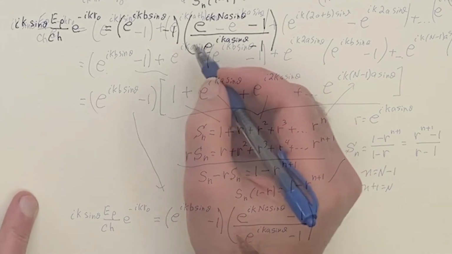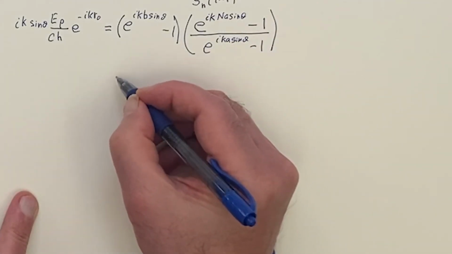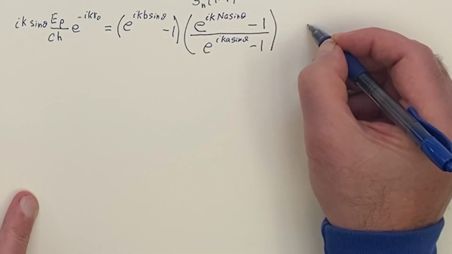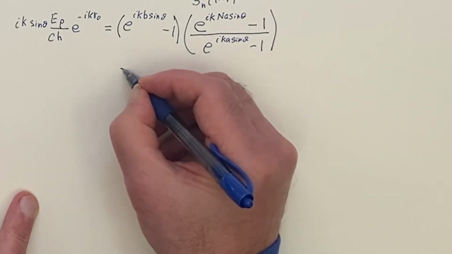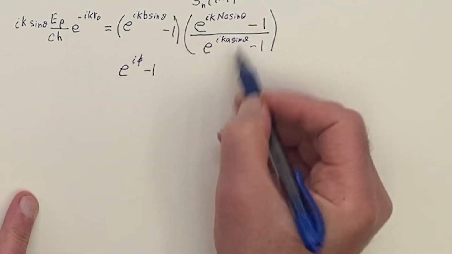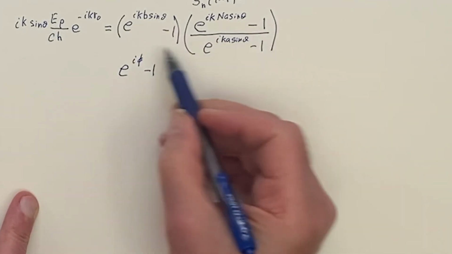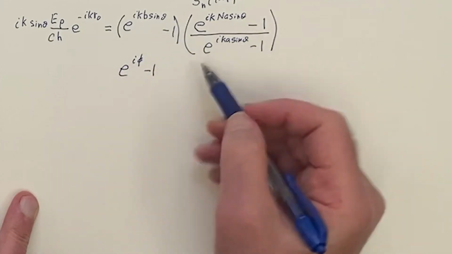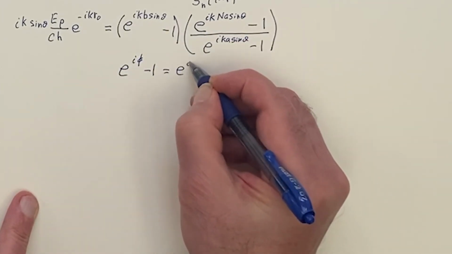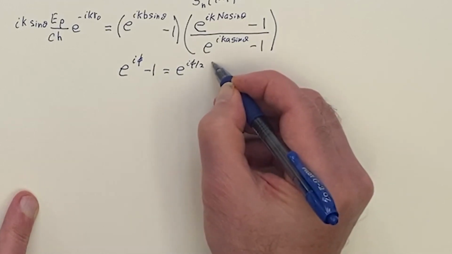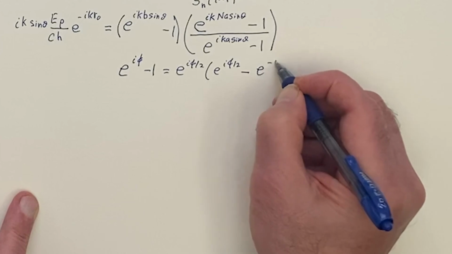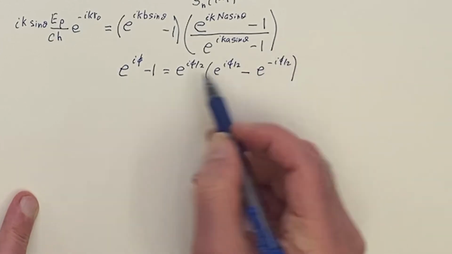This has three things that have this form, where we have e to the i phi minus 1. Like we have three places where we have e to the i something minus 1. This is e to the i phi over 2 times (e to the i phi over 2 minus e to the minus i phi over 2), which we can check.